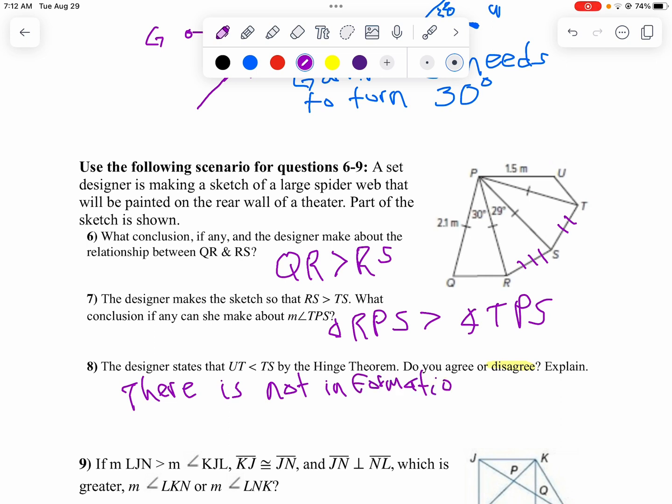We would need to know the measure of our angles across from those sides. That is, we'd have to know the measure of angle SPT and angle TPU.